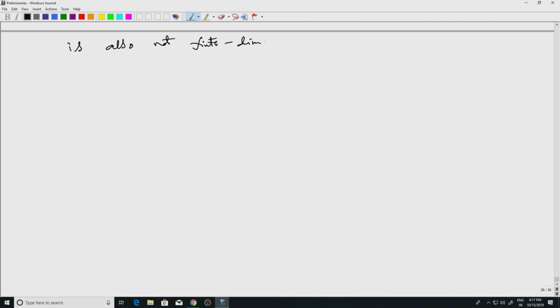It's easy to see that if a vector space is not finite dimensional, the dual space is also not finite dimensional.